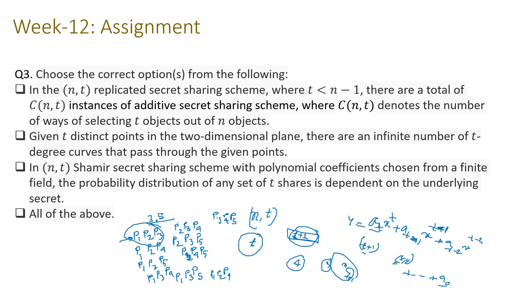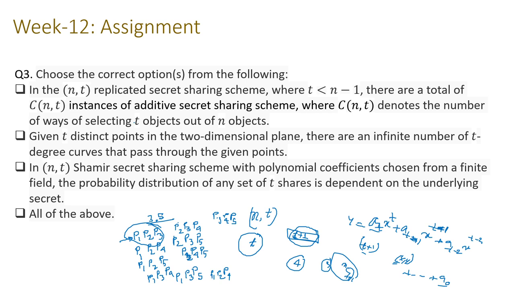Now the third statement says that in an n, t secret sharing scheme with polynomial coefficients chosen from a finite field, the probability distribution of any set of t shares is dependent on the underlying secret. So is this statement true or false? This is false. Why? Because the t shares can have multiple secrets, infinite secrets.